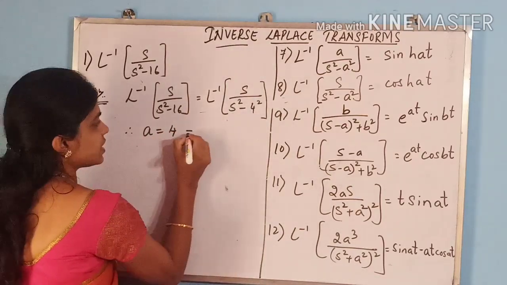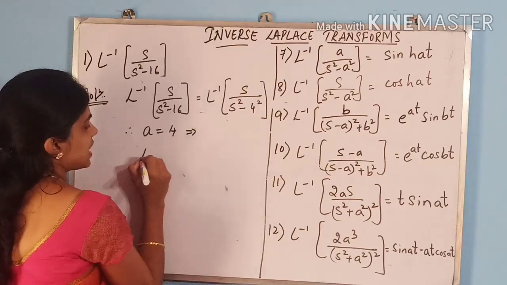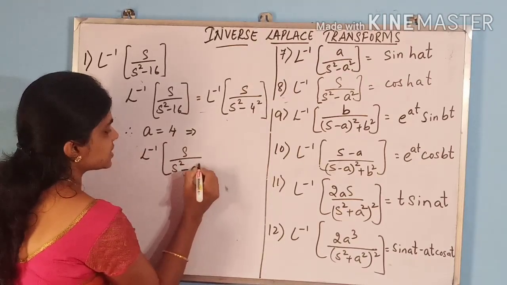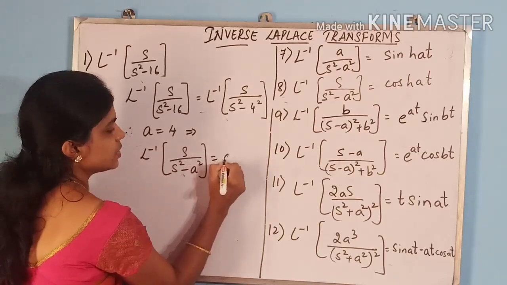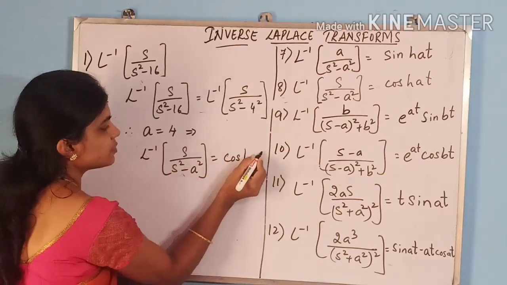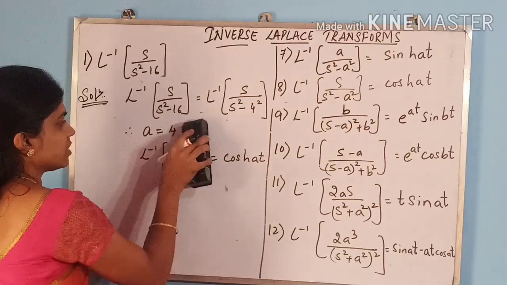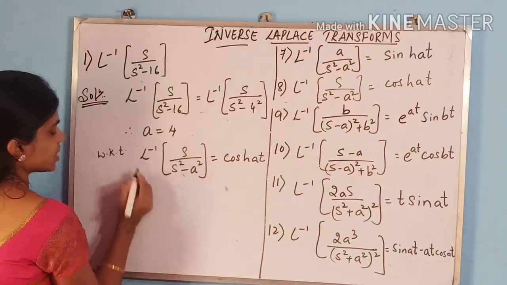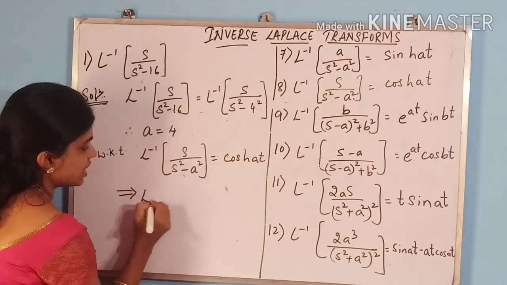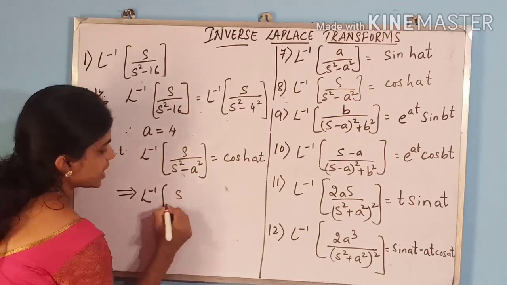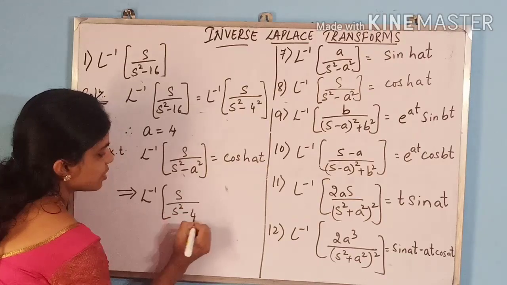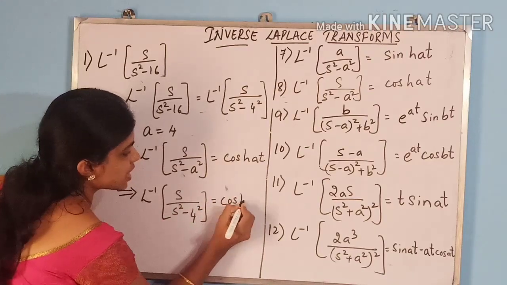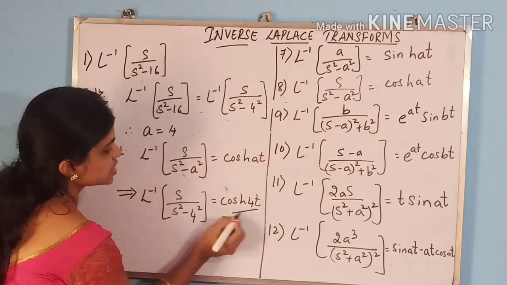So this implies Laplace inverse of s upon s square minus a square is equal to cos hyperbolic at. We know that. So this implies Laplace inverse of s upon s square minus 4 square is equal to cos hyperbolic 4t.